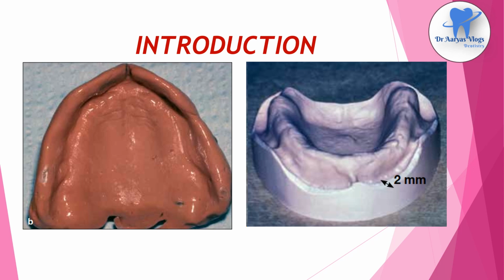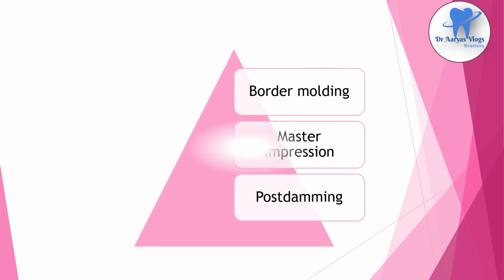Making the secondary impression is an important clinical procedure in the fabrication of complete denture. It is mainly done to prepare a master cast. And this procedure involves three steps: border molding or peripheral tracing, master or wash impression making, and post damming.